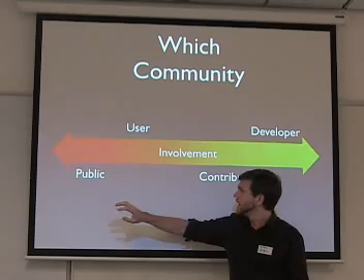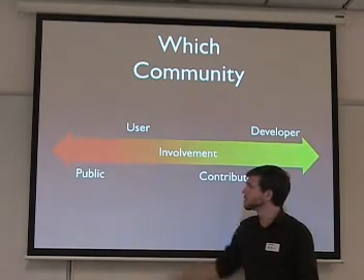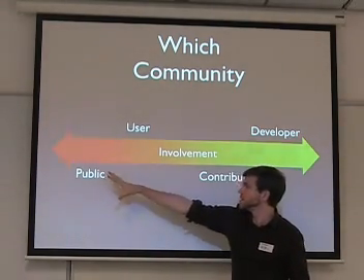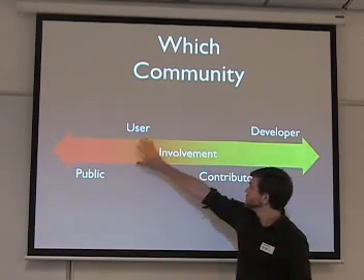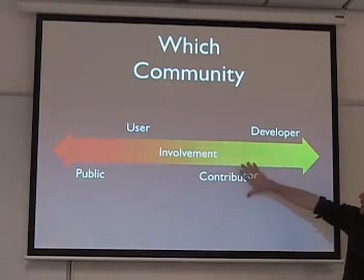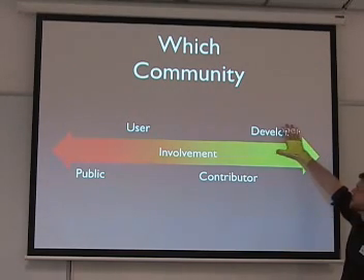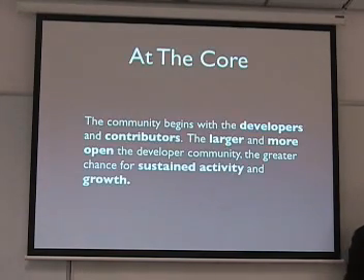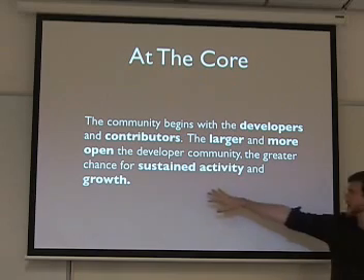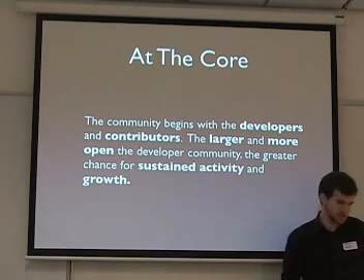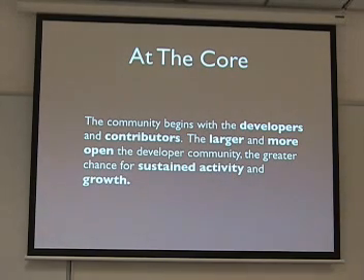Typically we'll have everything from the public, who may not know anything about your software, to someone who uses it, someone who contributes to it, maybe does some patches, and then someone who is a core developer. And really what we have at the core are the developers and the contributors. The idea is that if we have a larger community with more people, we can have more sustained activity and growth in the long term.